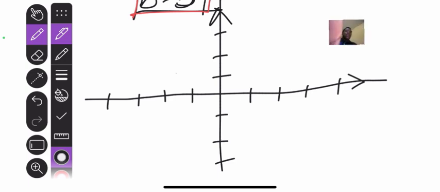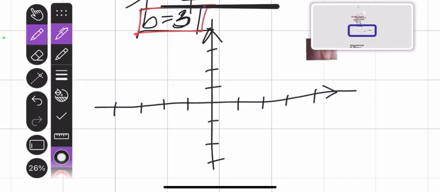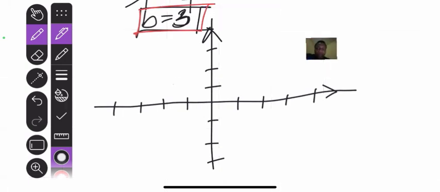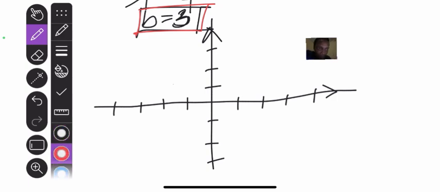So what should we do next? We're given that b equals 3. First thing for us to notice is that our vertex is always at the origin, so my V is at the origin here. Secondly, we know this is going to be a vertical type of graph because we are dealing with x squared equals 12y.